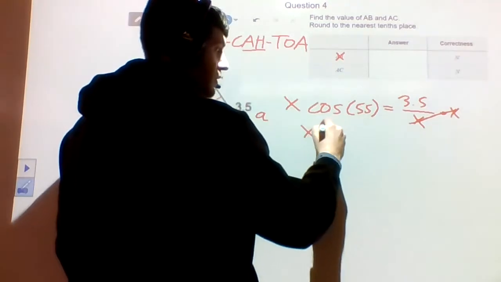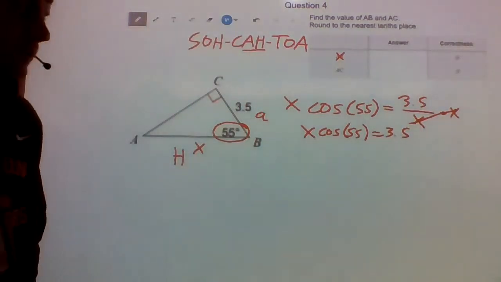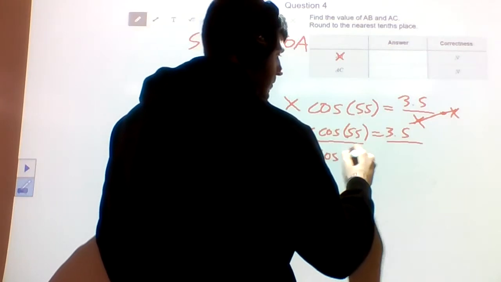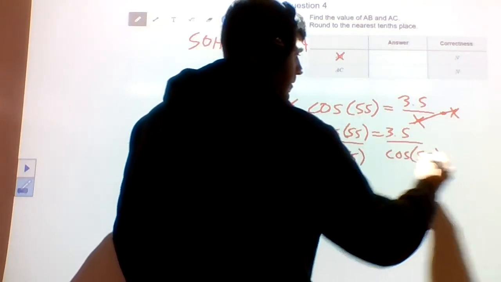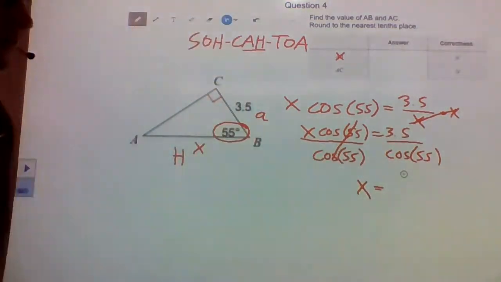We get x times the cosine of 55 equals 3.5. Got to get rid of the cosine of 55 from the left side, so we got to divide both sides by cosine 55. Okay, we put that in our calculator then, 3.5 divided by cosine of 55.